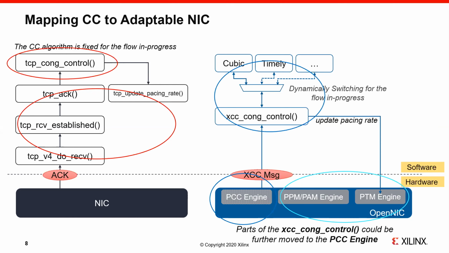You probably notice on the top of the adaptable NIC solution on the right, you could see two different congestion control algorithms, for example, Cubic and Timely, and we could support more. All these different congestion control algorithms could be seamlessly switched at runtime.